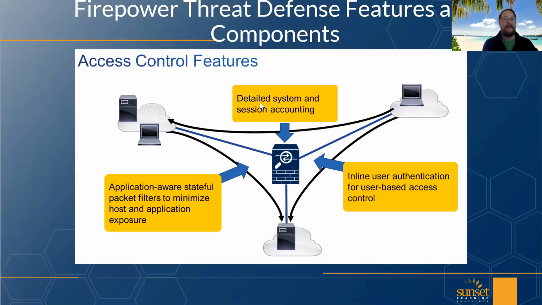Then this detailed system and session accounting, that right there, that's your intrusion prevention system. So what we're doing is, again, just like in the past, we're layering approaches on top of each other to make this a smooth inline transition from an outside interface to an inside interface.